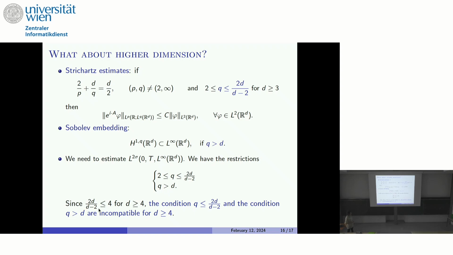So basically, this is the point where the proof fails to hold in higher dimension.